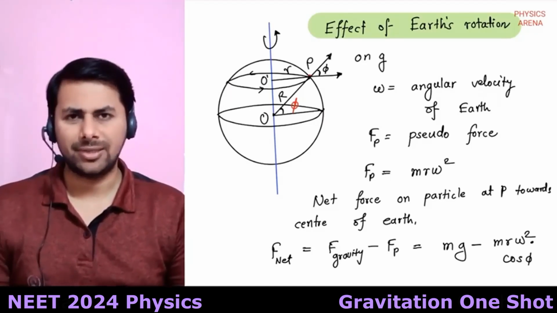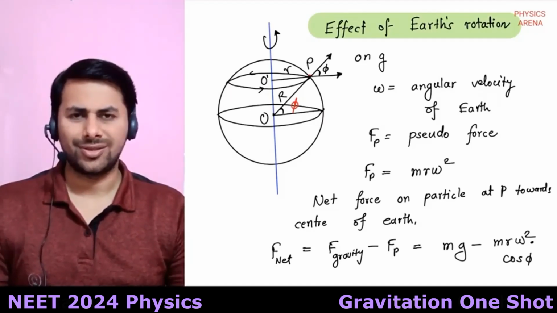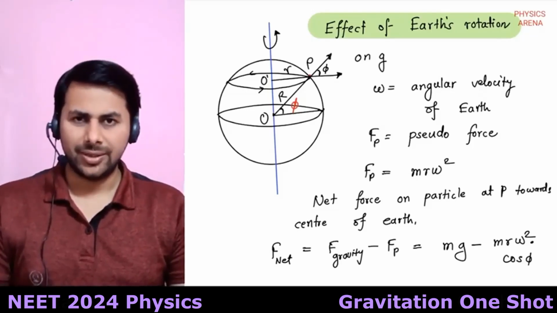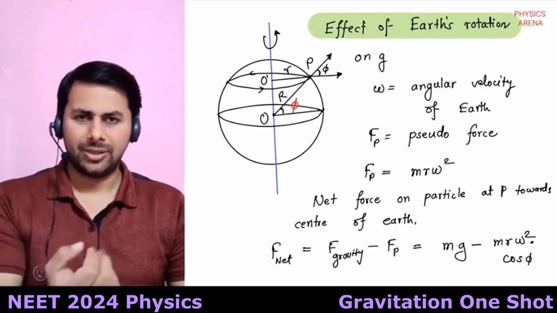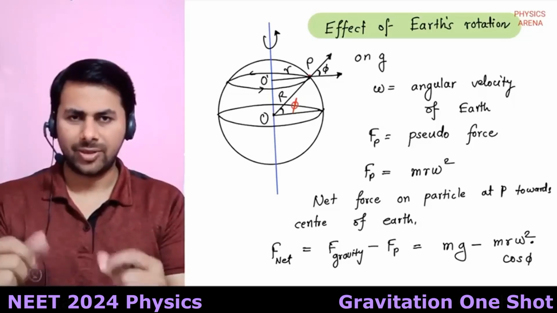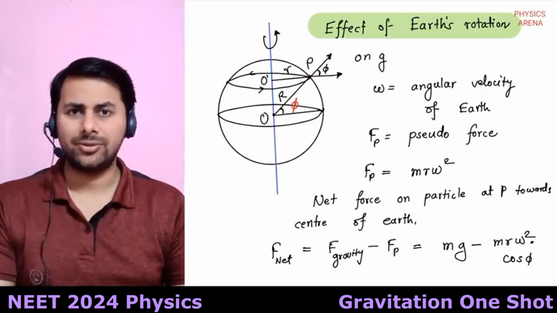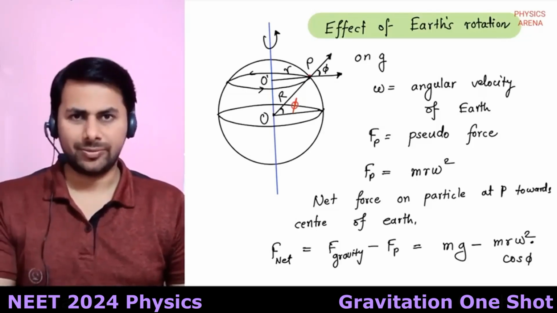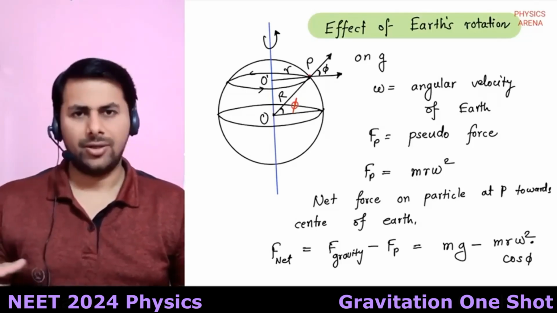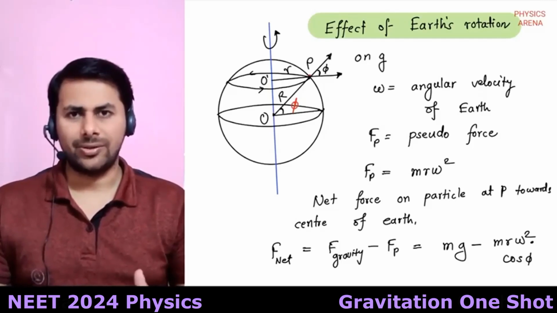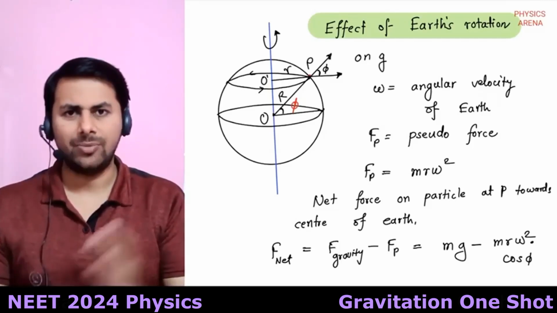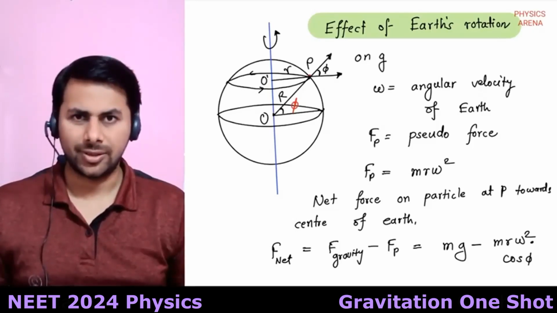And what will provide that centripetal force? It is the gravitational force, right? So the gravitational force is pulling, but some part of it is contributing to the centripetal force, and that's why the normal reaction that we feel would be lesser, because some part is going in providing the centripetal force.